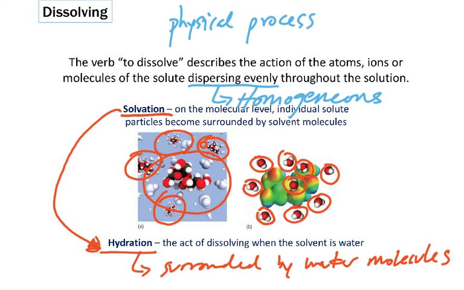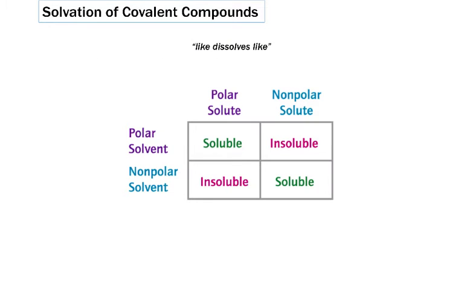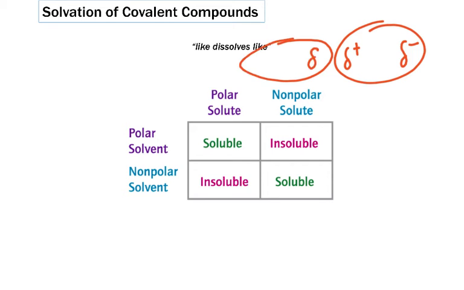So if you remember polarity from chapter 4, polarity is if a molecule has slightly positive and negative charges on either side. Remember this symbol, but it just means like a partial charge. Then if there's another polar molecule nearby, it will line up in a similar way.